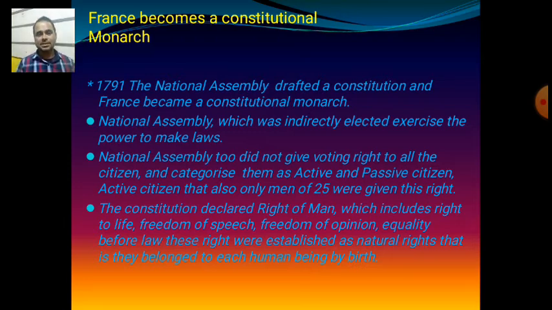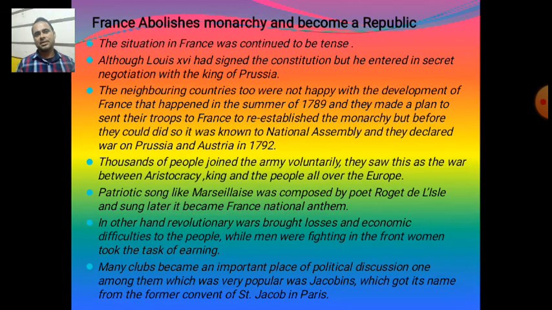Certain rights like the right to life, freedom of speech, freedom of opinion, and equality before law were declared natural rights, and these rights were given to all except one, that is the voting right. So this is what France did when it became a constitutional monarchy. After that, France abolished monarchy and became a republic.